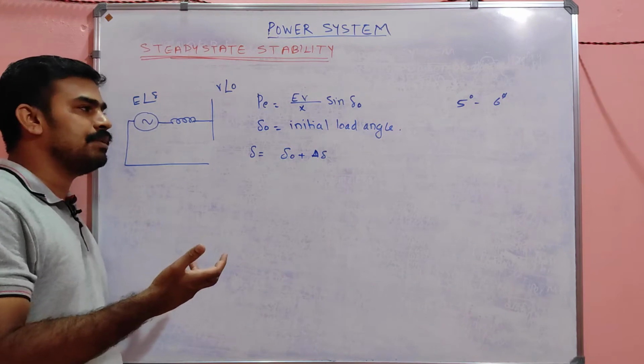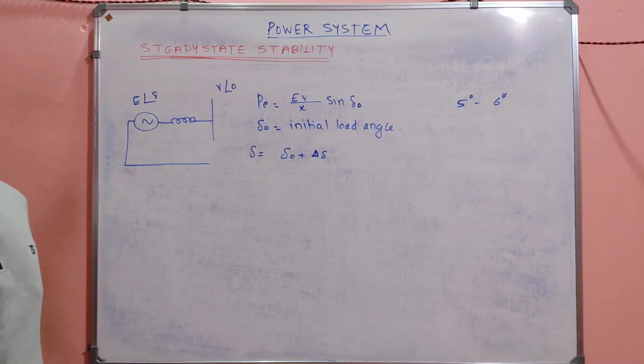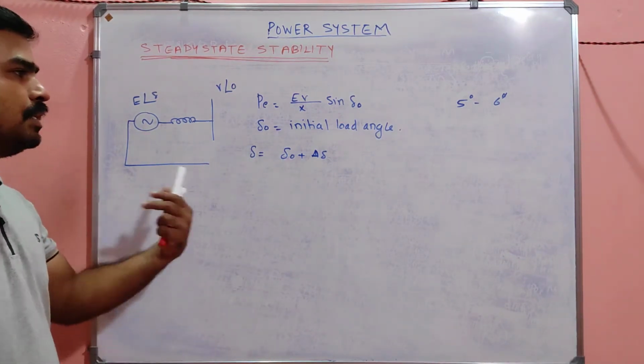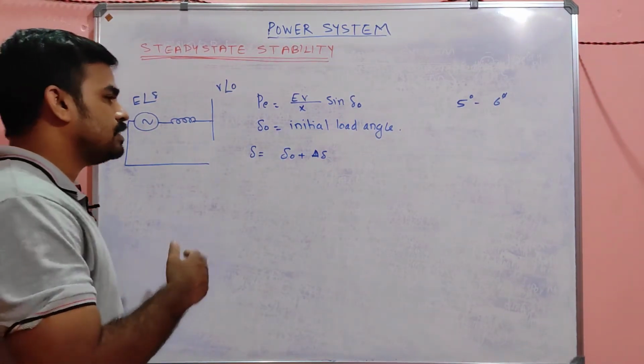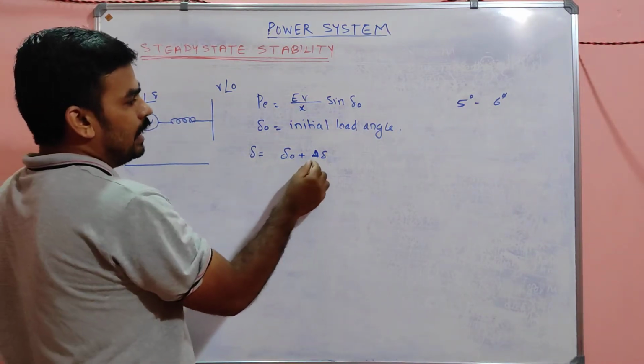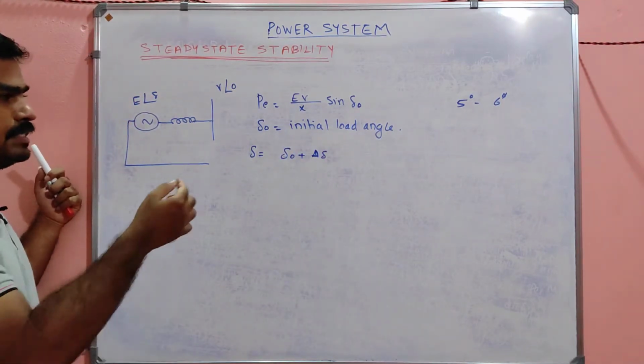So steady state stability analysis means a small disturbance is given to the system and we analyze what will happen to the stability. That is the meaning of steady state stability of the system. The initial load angle is del 0, and we increase the angle by a small value, del.